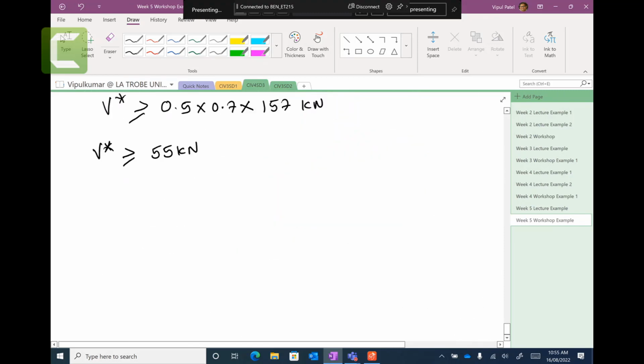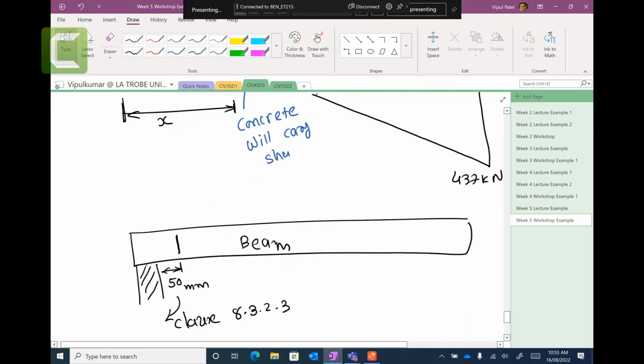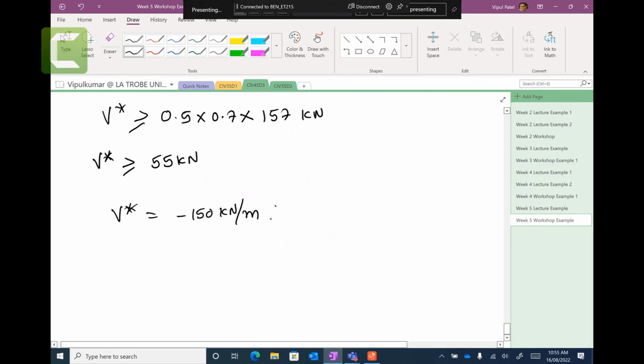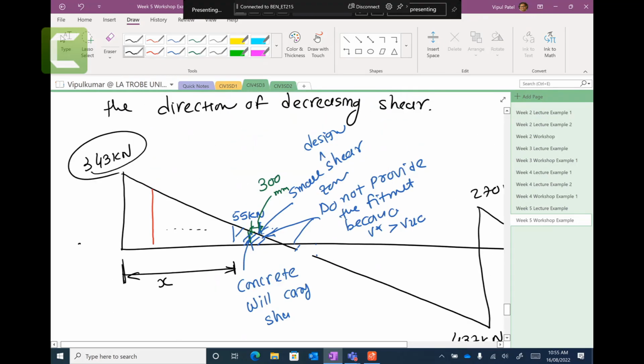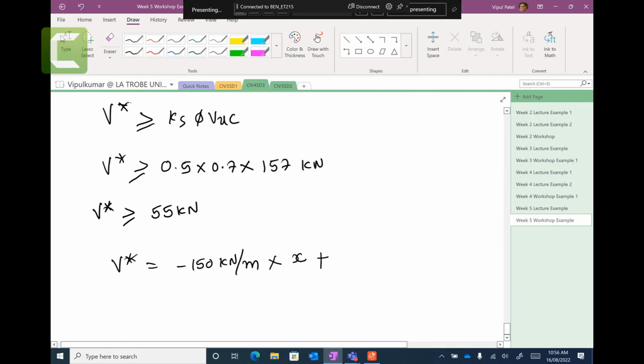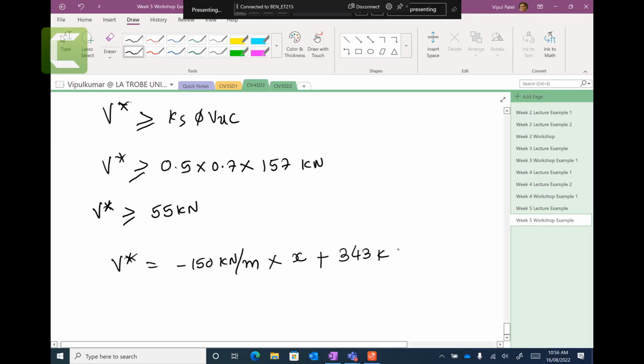So let me write that equation. V star equal to minus 150 kilonewtons per meter. Where is 150 coming from? You remember that you have a UDL of 150 kilonewtons per meter on the beam, times the distance we need to find, plus this intercept, which is 343 kilonewtons.